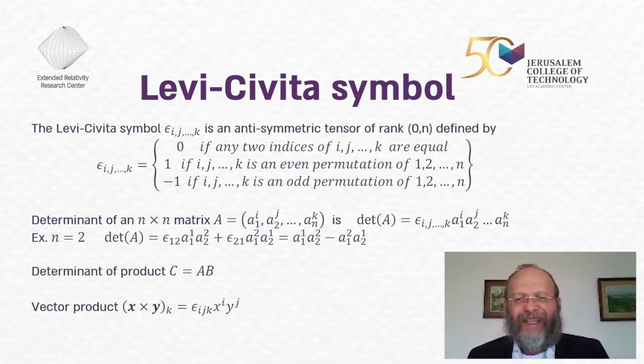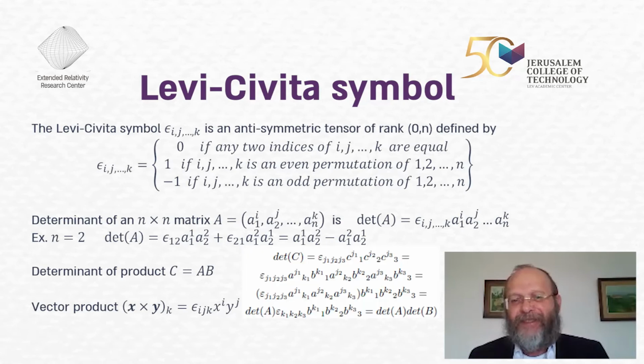And here I'll prove to you a very complicated theorem: the determinant of the product of two matrices is the product of the determinants. Really, what you need is to write what you want, and everything works. If C is the product of A and B, write the definition of the determinant written here.